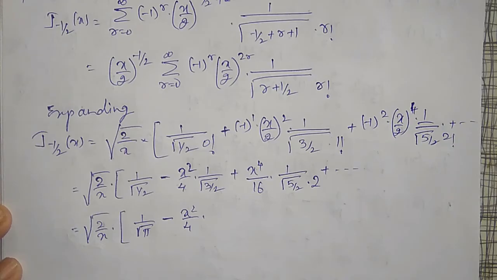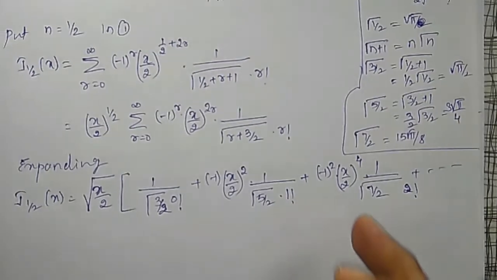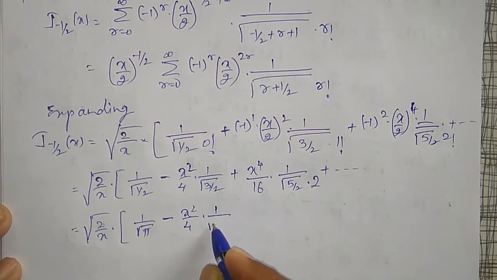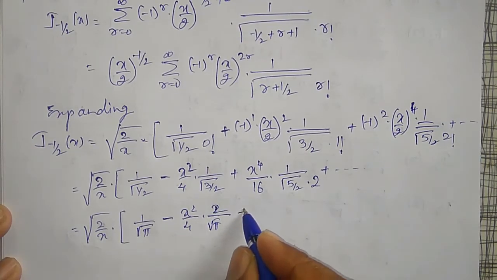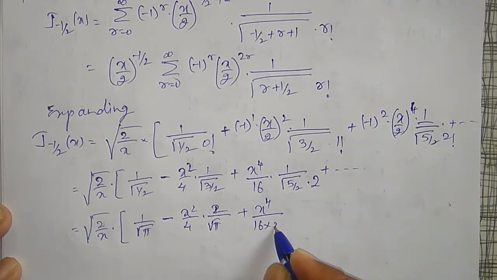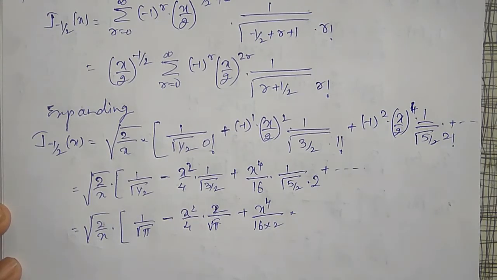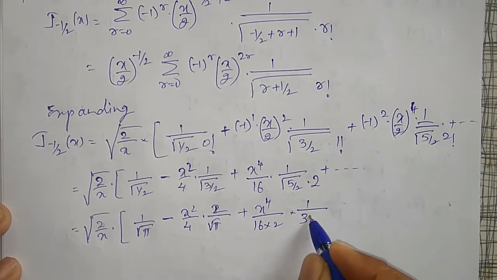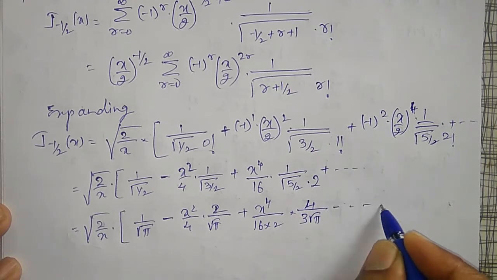Gamma function of 3 by 2 is root pi divided by 2, that 2 I will take in the numerator, plus x raised to 4 divided by 16 into 2 into gamma function of 5 by 2, which is 3 root pi divided by 4, I will take the 4 in the numerator, minus so on.